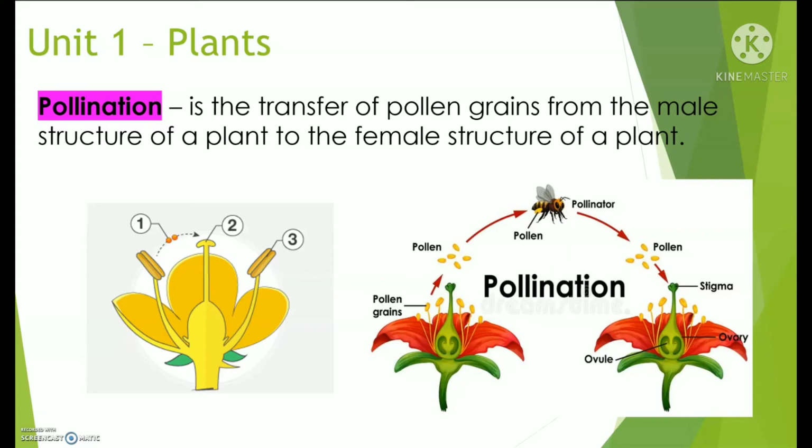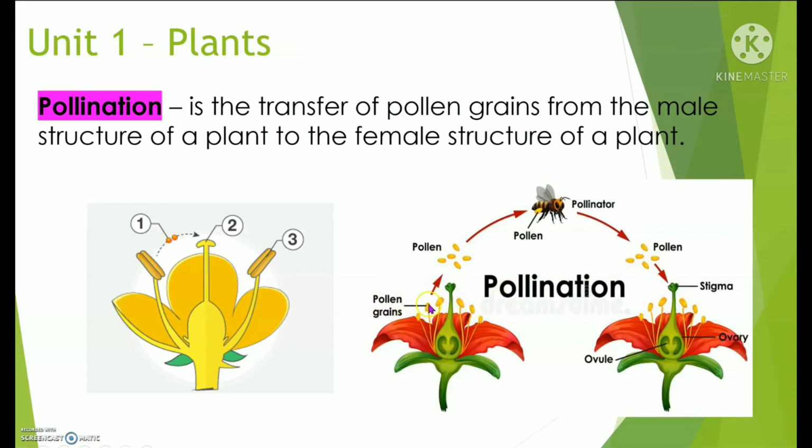Very good. So it simply means that the anthers have the pollen grains. The pollen grains transfer or land on the stigma, the female structure of a plant, in the same plant or other plants.